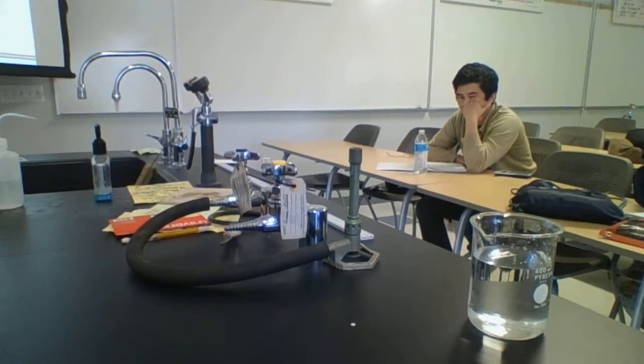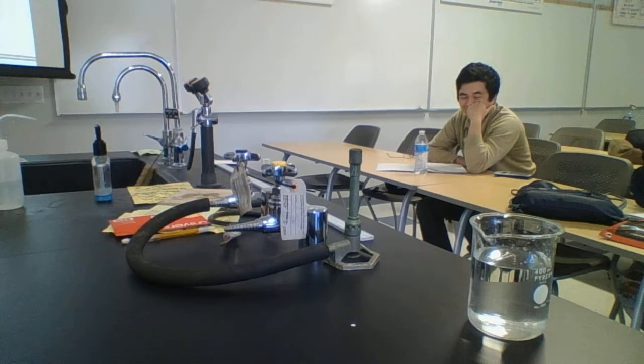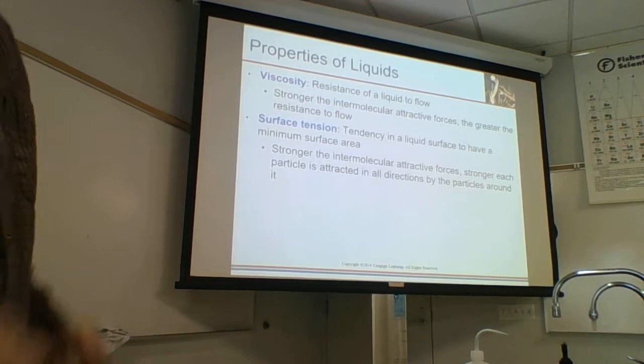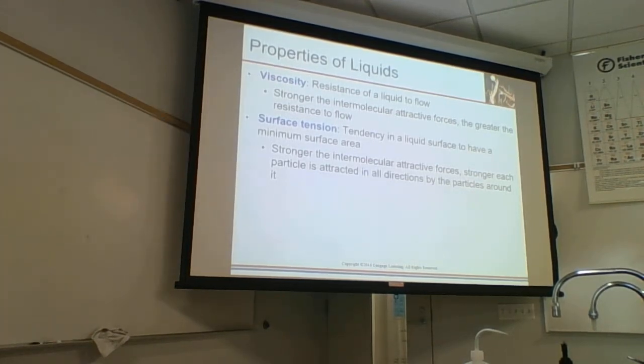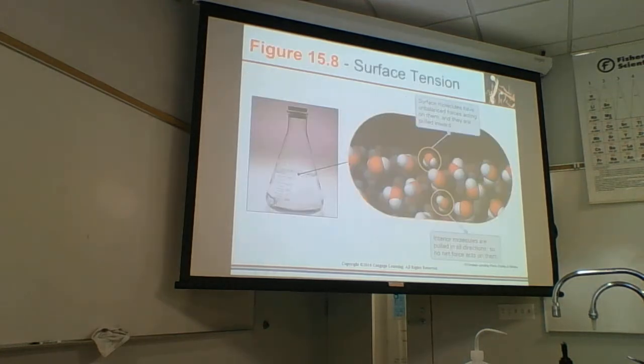It's because of the surface tension of the water. The water molecules are held together by hydrogen bonds, right? And you've got to break those hydrogen bonds to get the paperclip to sink. So that's surface tension. Surface tension is breaking the surface. It's not so easy sometimes to break the surface. And so this is just showing surface tension.